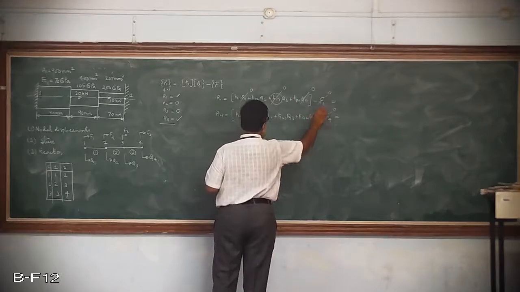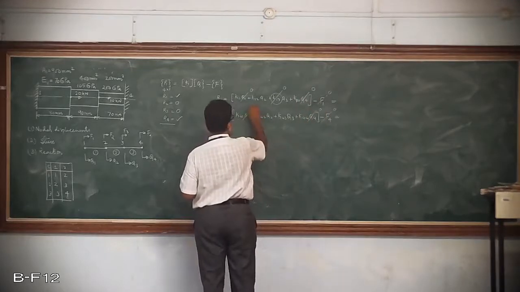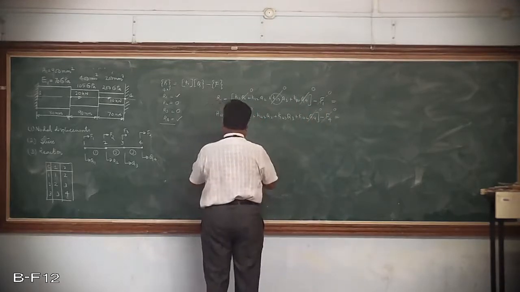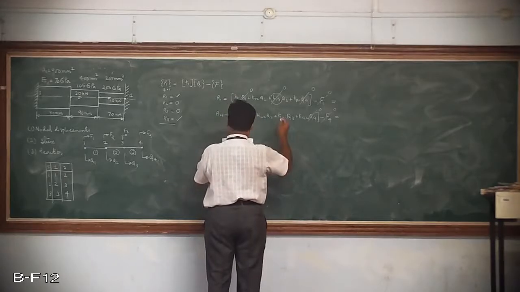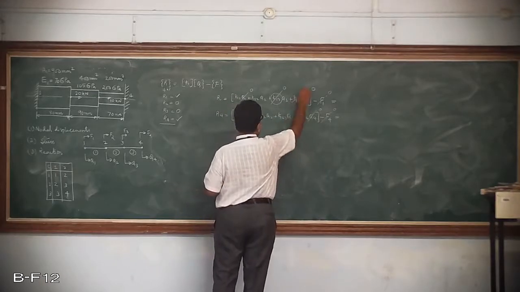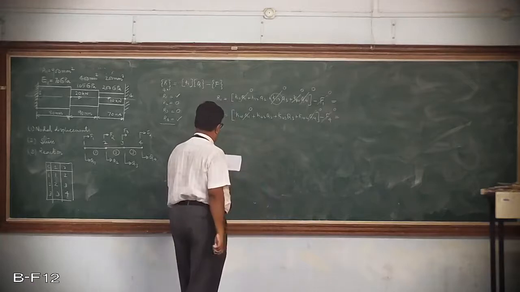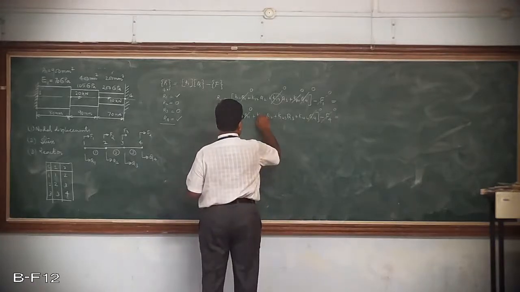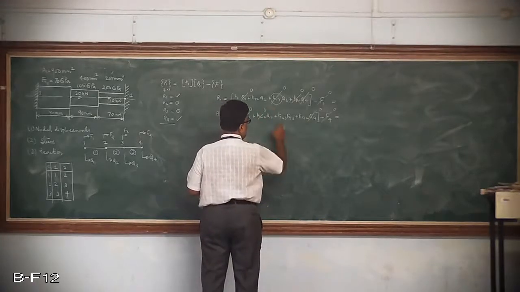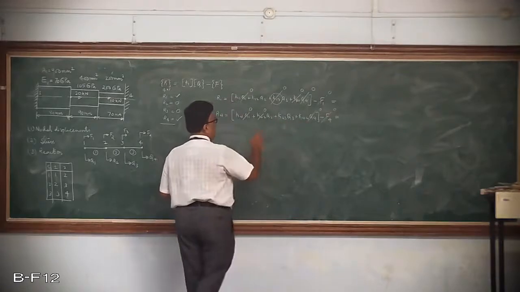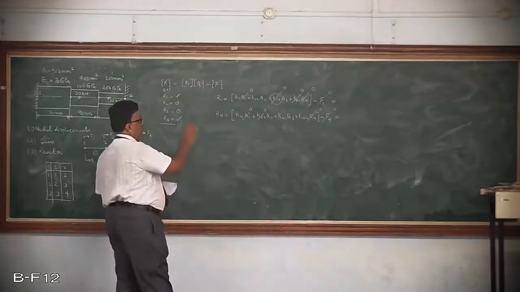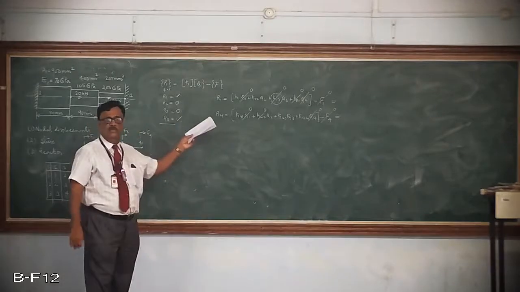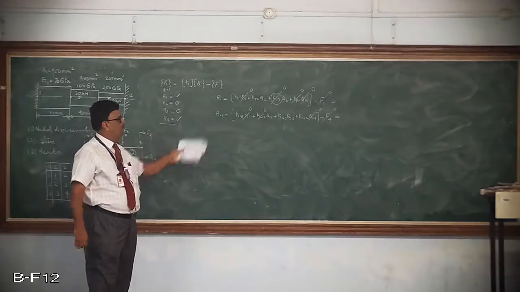So these are all automatically eliminated. And similarly, you also know that K14 is also 0. And K42 is 0, and this is also 0. Therefore, the equation becomes so simple because if you refer to the global stiffness matrix, these elements are already 0.